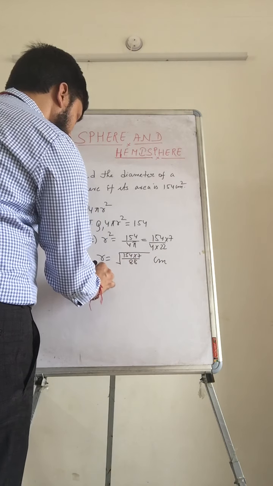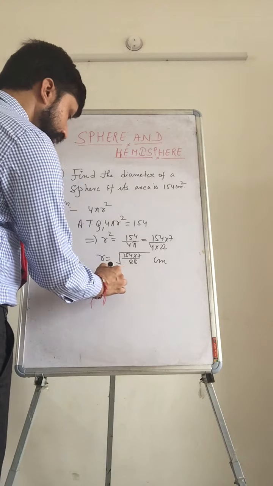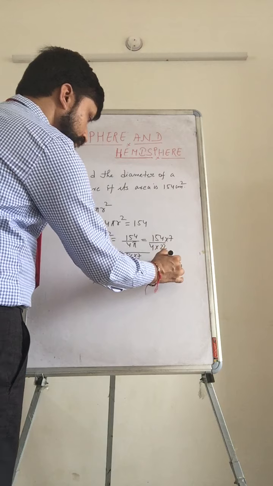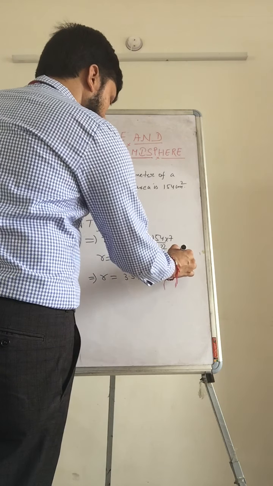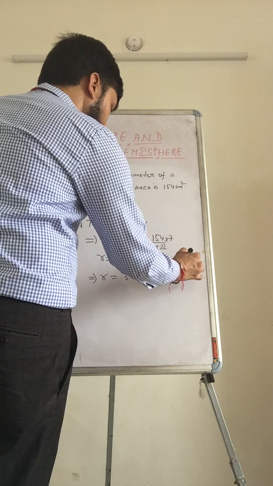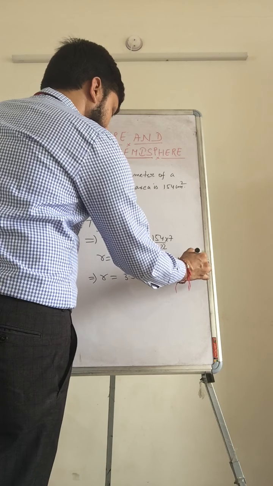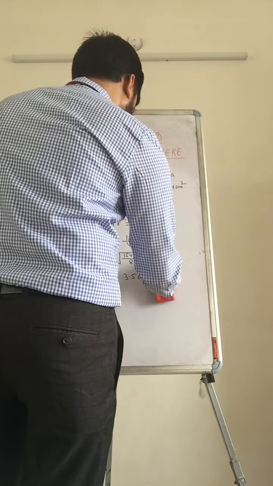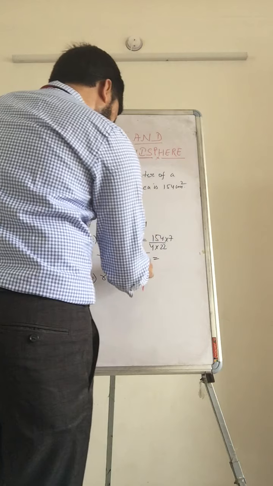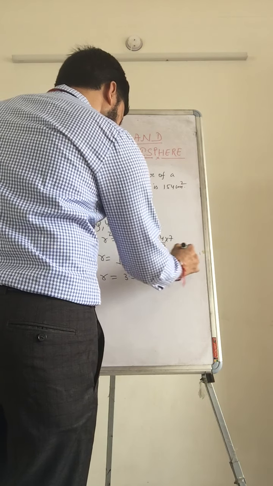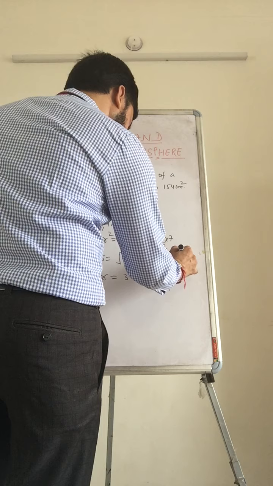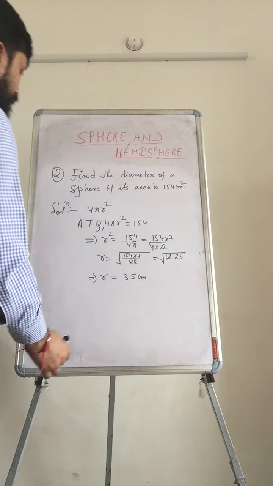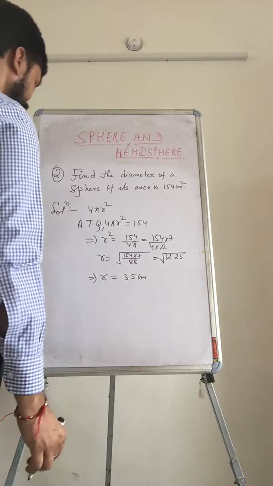Then the r value we are getting here is 3.5 centimeter. Now we have r, and we know diameter means twice the radius.